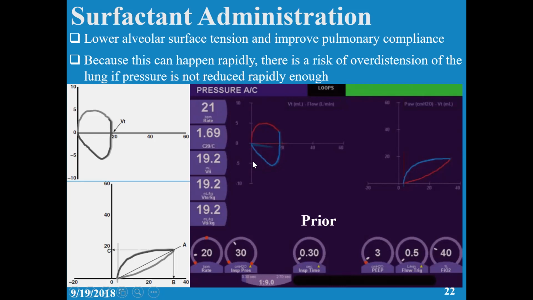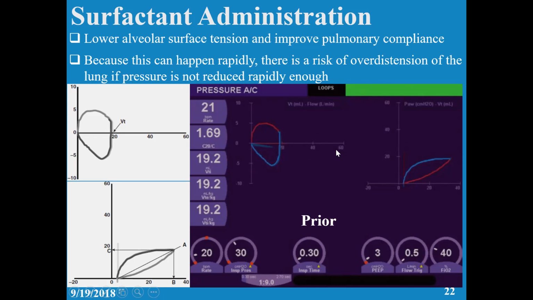It should come here and then go back. It should look nice like this. So in the volume flow loop, we have scooping of the expiratory deceleration. And here you can see the inspiratory line is close to C dynamic. However, the expiratory line is away from the C dynamic, which means the expiratory hysteresis is bigger than the inspiratory hysteresis.